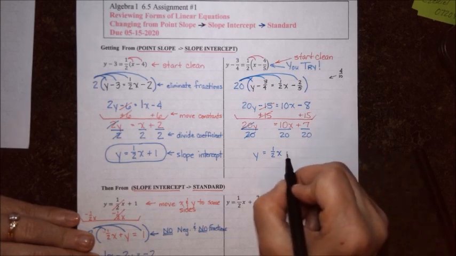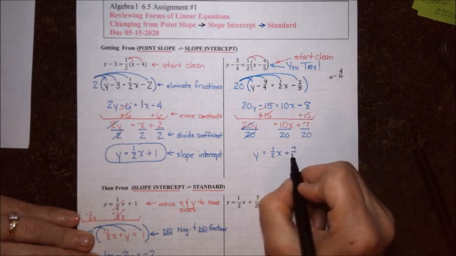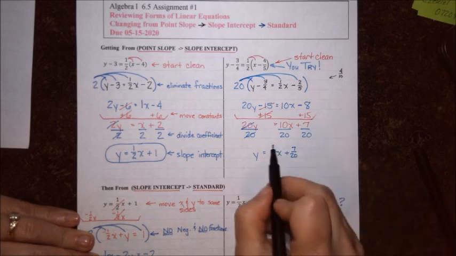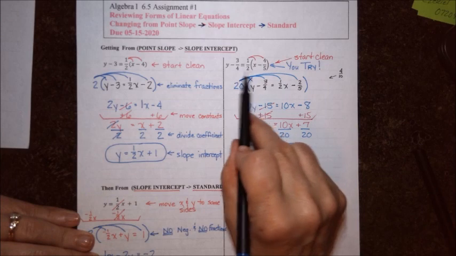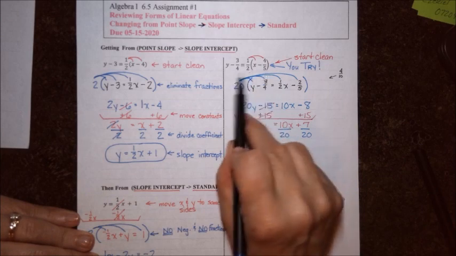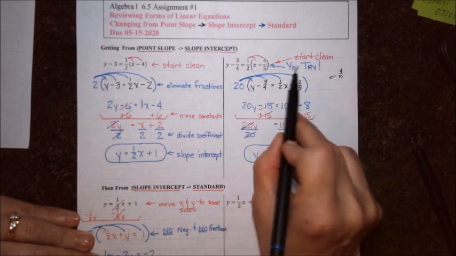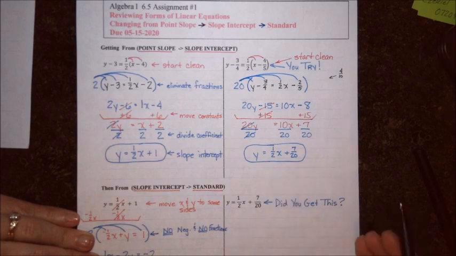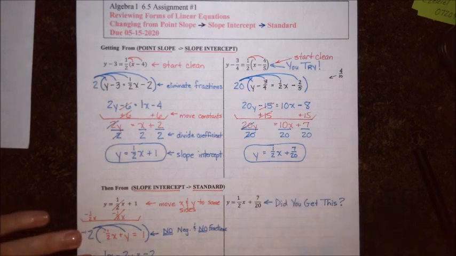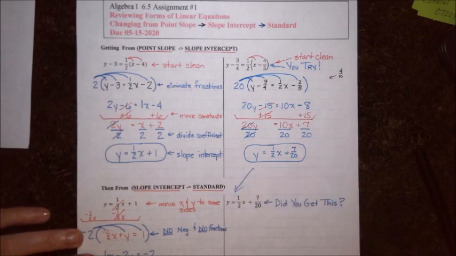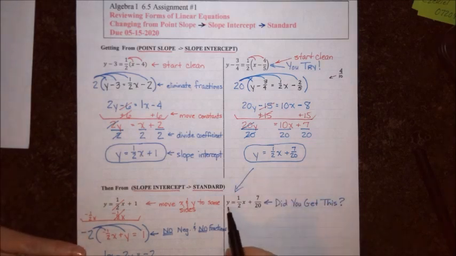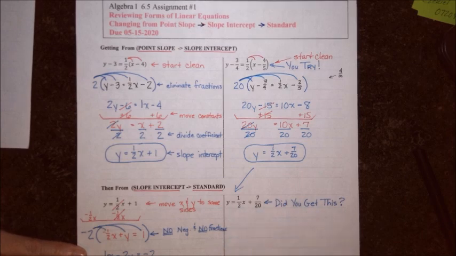No. So that's how we took this thing that looked so terrible and turned it into something simple. If you've got this, then you did great. So, y equals 1/2 x plus 7/20.